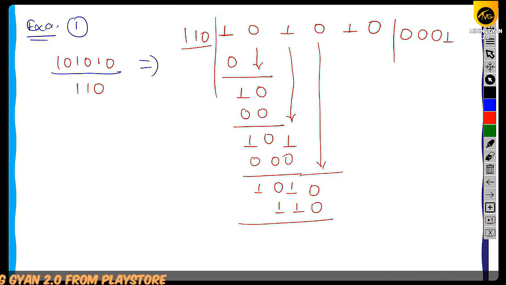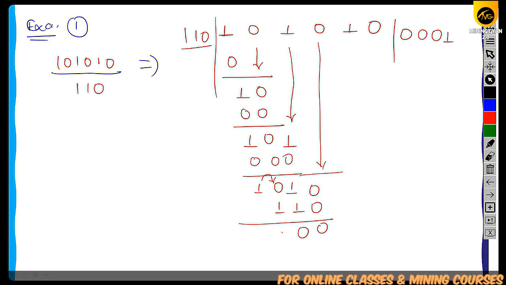Okay, so 0 minus 0 is 0, 1 minus 1, it will become 0, and this is borrowing from the previous column, so it will become 10. So 10 minus 1, it will become 1.